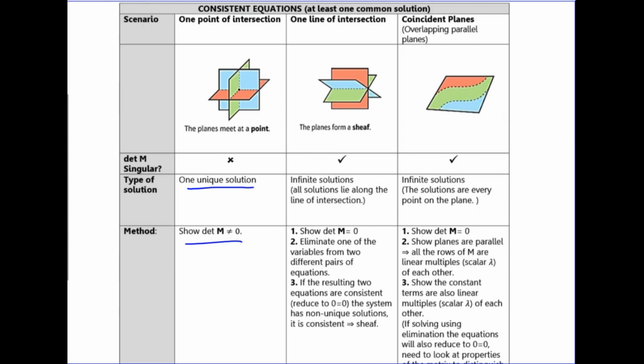If all three of them can be turned into the same thing, which is very rare, this is three equivalent planes that all overlap and there are infinitely many solutions.